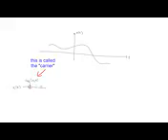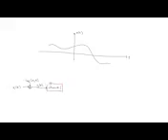From this, we get an output signal y of t, which is x of t multiplied by cosine of omega c t. This is the signal that we're actually going to transmit, and it goes through what we call the channel. The channel can be either the wireless airwaves or a wire or any other medium, and there will be some kind of noise introduced at this point, but we're not going to focus on that in this tutorial.